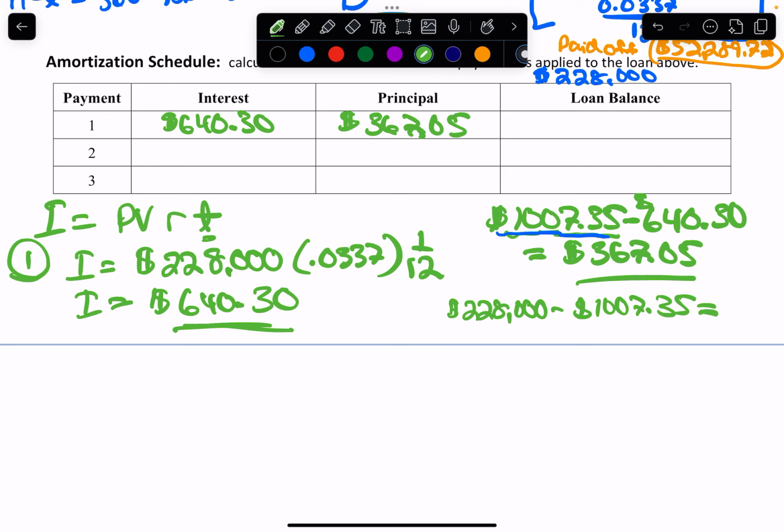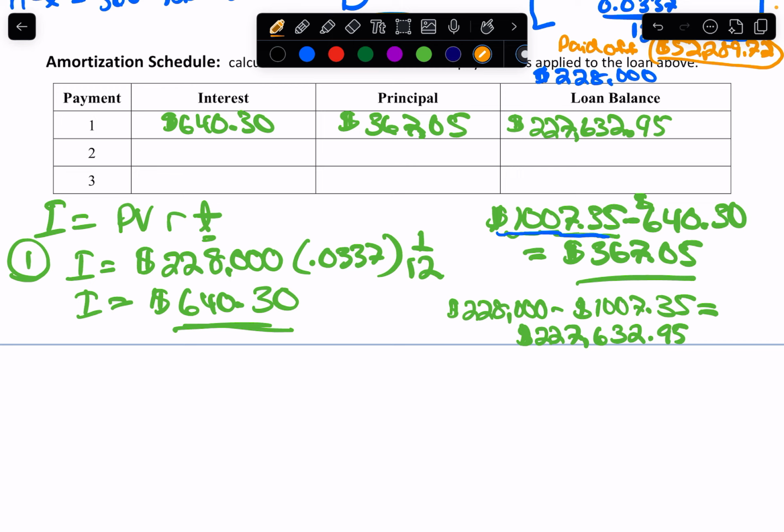And that is going to be $227,632.95. And now we're going to move forward with the next one.